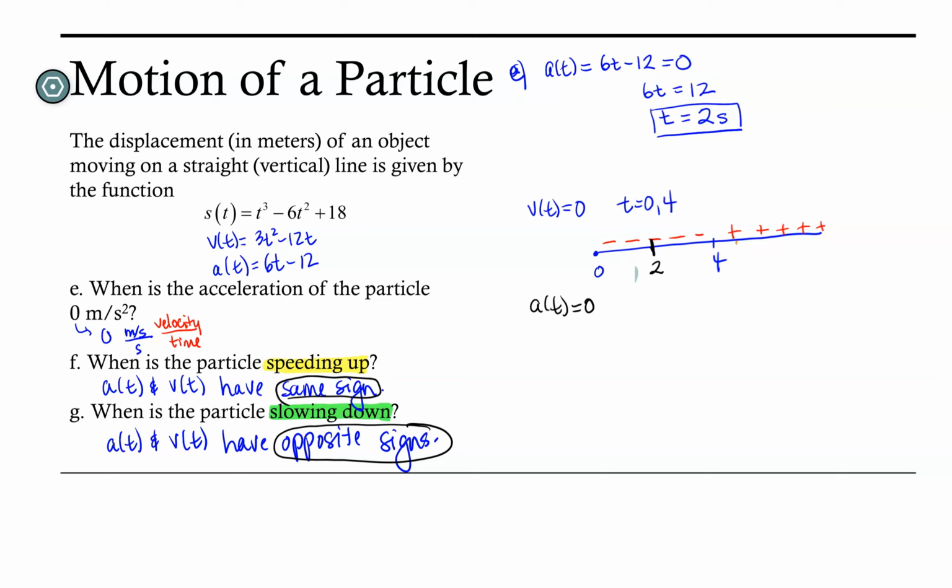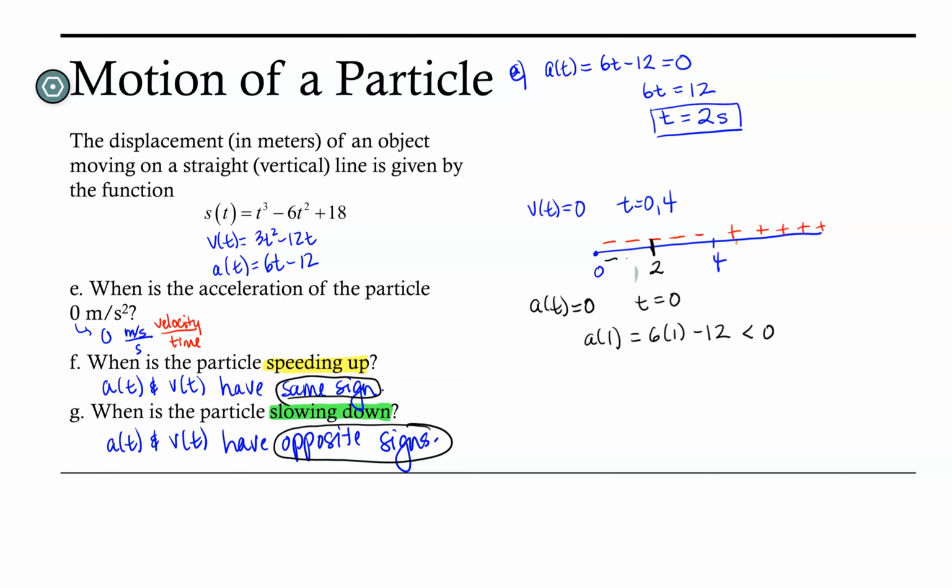So what we need to know now is what are the signs of acceleration on either side of 2. Acceleration at t equals 1 is equal to 6 times 1 minus 12, and we can see that's going to be a negative number.